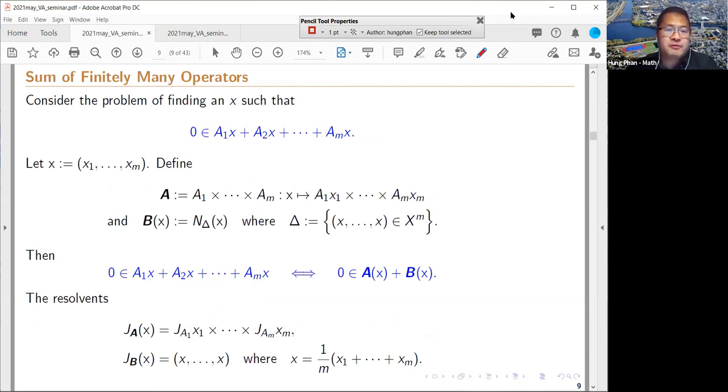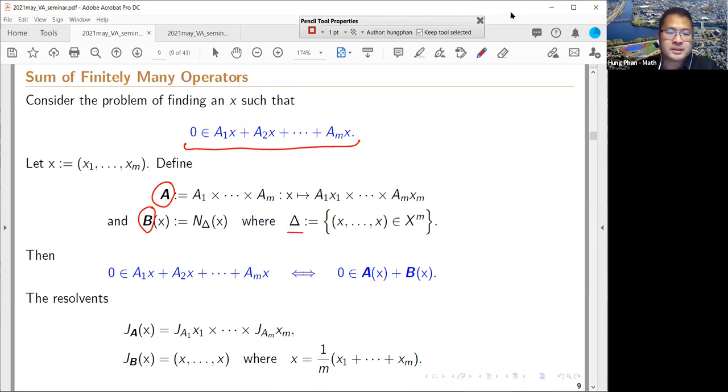So if we have a sum of finitely many operators, we can translate this problem using product space techniques, where we define the bold operator A by the Cartesian product of the operators A1 to AM, and the bold operator B will be the normal cone operator to the diagonal.